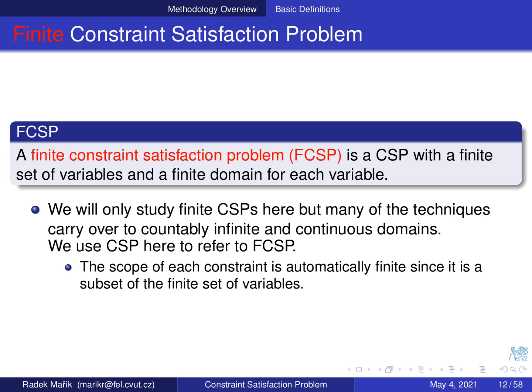Furthermore, it is obvious that this constraint satisfaction problem can be quite general, and the domains can be anything. So it is quite good to select subproblems. For example, so-called finite constraint satisfaction problem, in short FCSP, that uses a finite set of variables and also a finite domain for each variable.